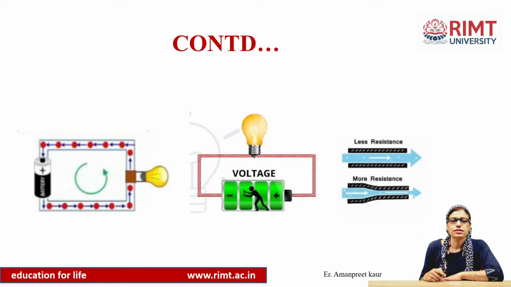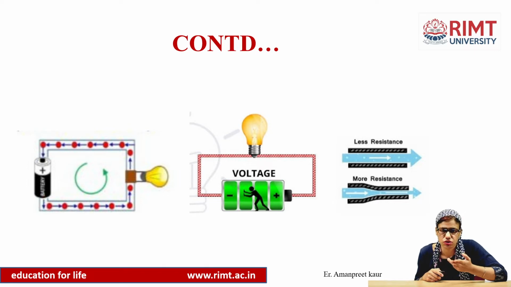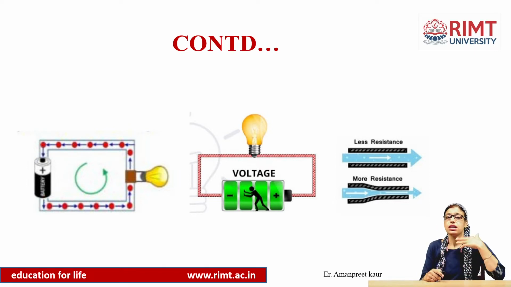You can also see this picture to understand these three terms: when we supply voltage, there is a potential difference across the conductor, electrons flow, and we get the output in the bulb in the form of light energy. In the second picture, voltage is what motivates the charge flow.